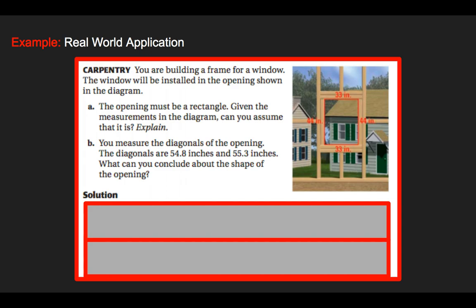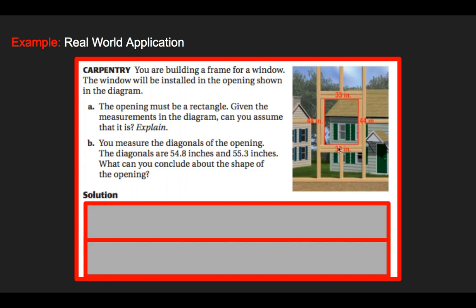You're building a frame for a window. The window will be installed in the opening shown in the diagram. Part A. The opening must be a rectangle. Given the measurements in the diagram, can you assume that it's a rectangle? The measurements I see are 44 and 44 on the long sides, 33 and 33 on the short sides.